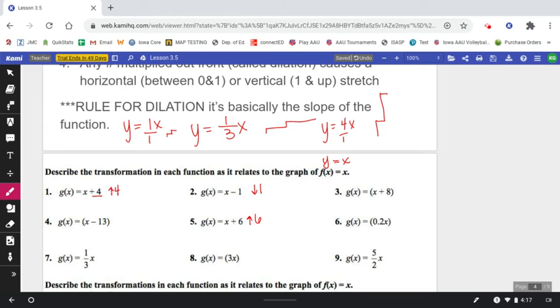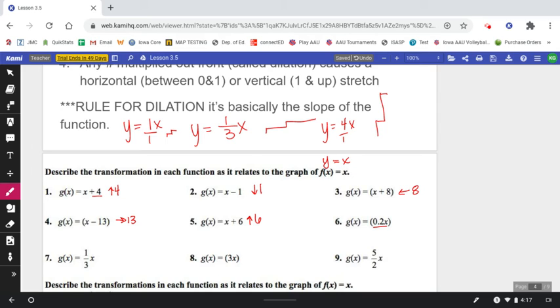Rule number 2 talks about numbers that are inside the grouping symbols, and remember that those are opposites. So this function would go left 8. This one would go right 13. And those are the only ones that have numbers added or subtracted inside the grouping symbols. Then we have these next ones, which follow rule number 4 about numbers multiplied out front.